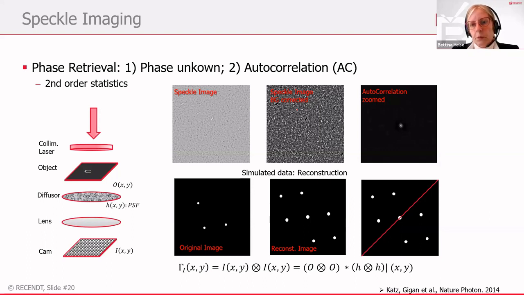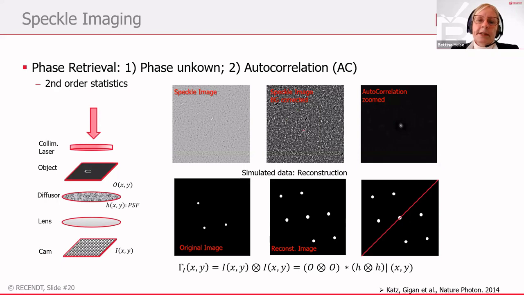What you can do to extract the information is one way, which is called phase retrieval. What is phase retrieval in general? You can only measure intensity if you take a camera directly, as sketched here, so you lose the phase information. Connected to this approach, you have a pattern, you build the autocorrelation, and you want to recalculate the original object.